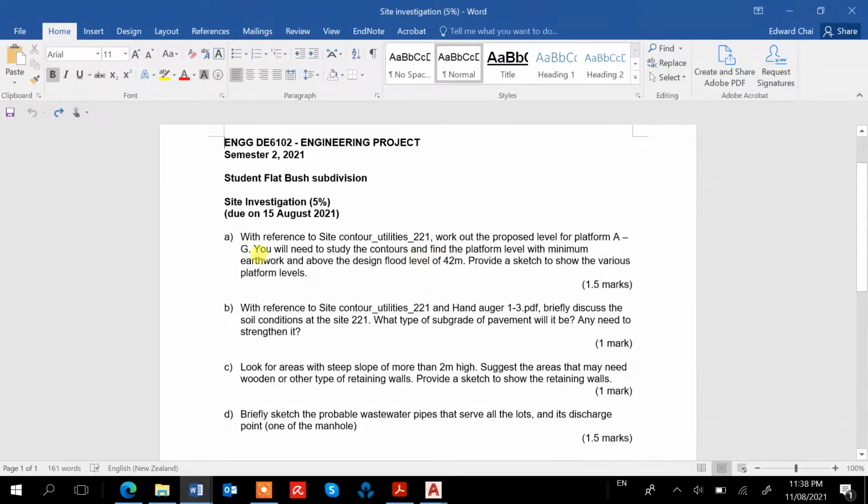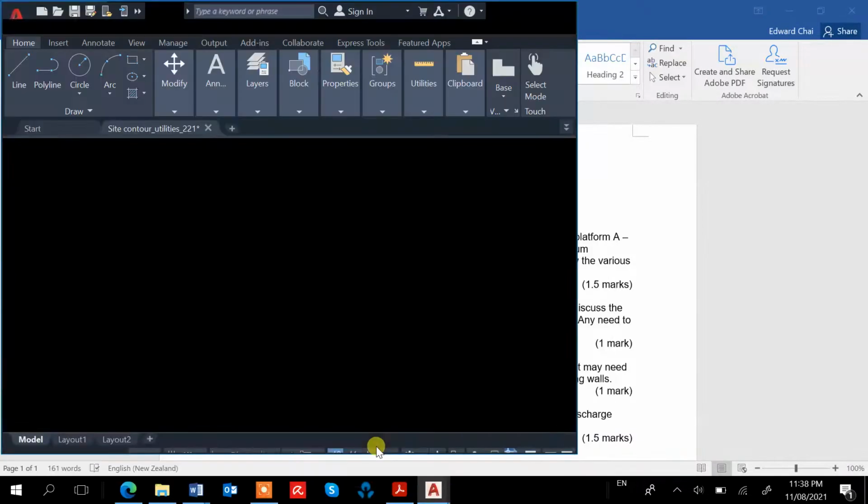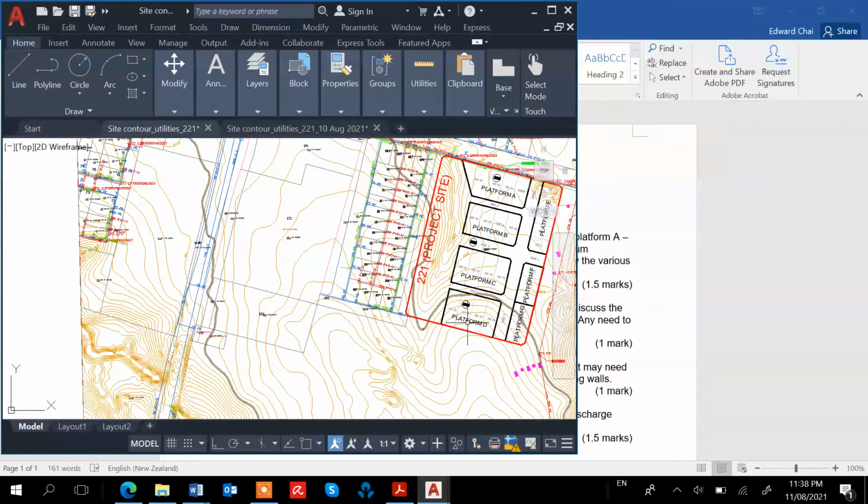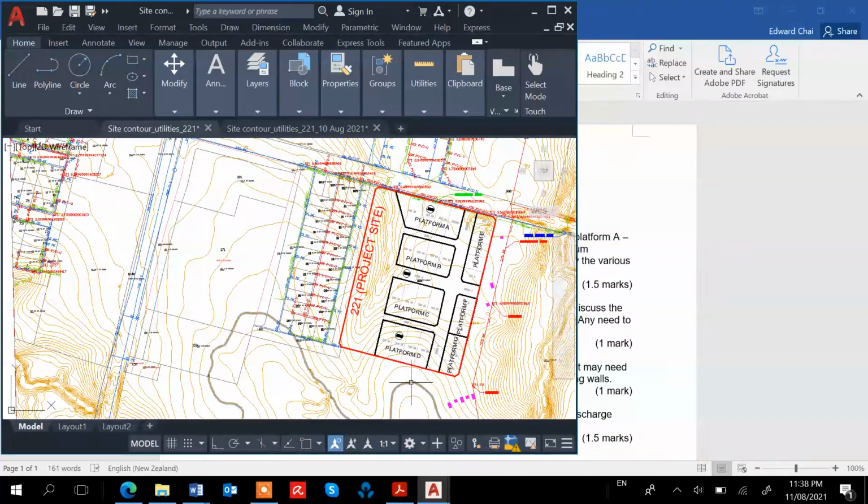So the first one is about how we need to determine the proposed platform level, from A to G. So this is the AutoCAD drawing.